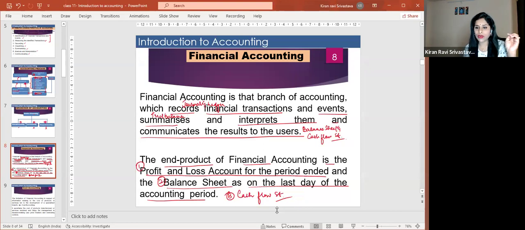Now, one very big, important thing is missing here. Financial accounting always deals with past events. As I told you the other day, when we do financial accounting, we take note of our financial year. We record it for a financial year.